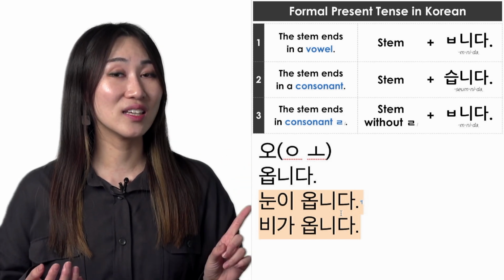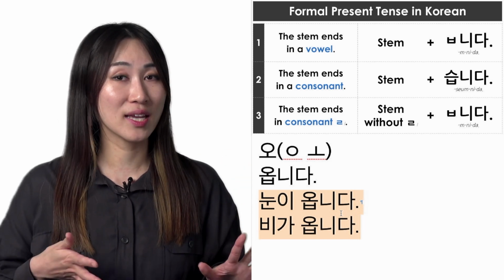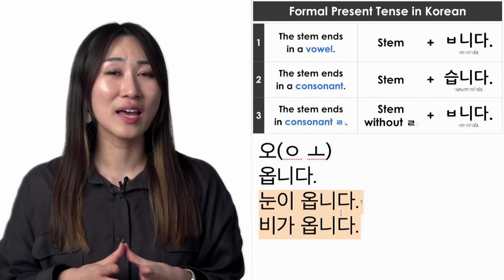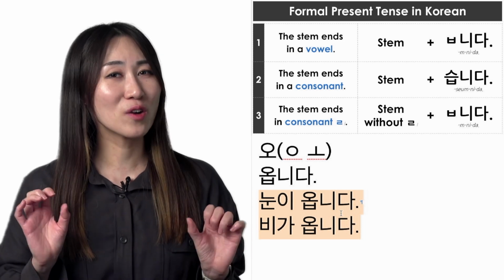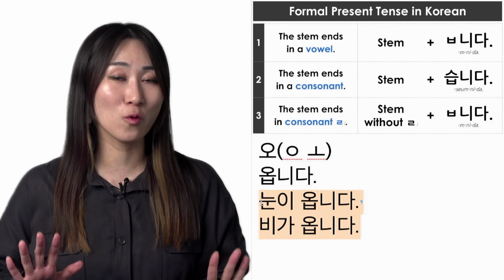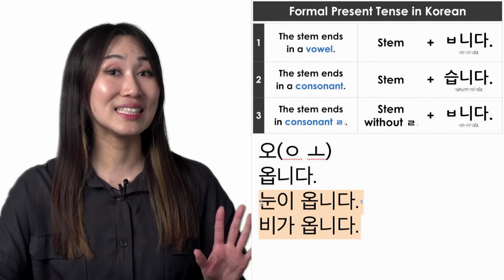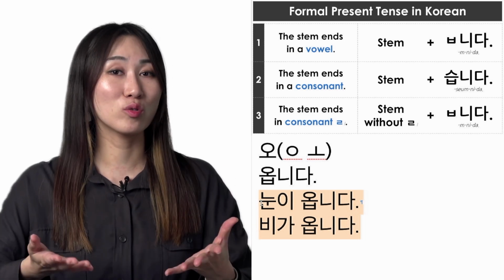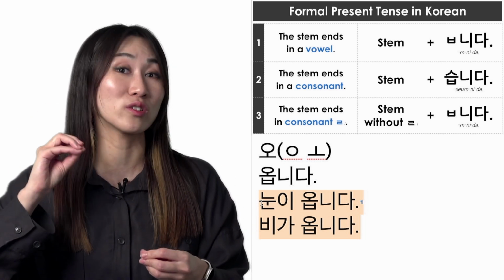This 니다 ending is more commonly used by men. So I personally use 요 form more often because it sounds more friendly. But I know there are some guys who are really formal and polite. They use 니다 form whenever they talk with people who are higher social status or older than them.